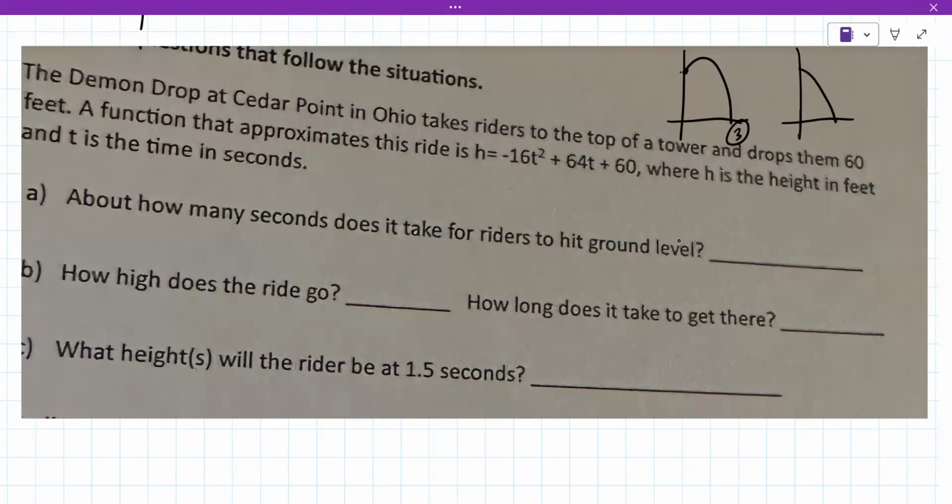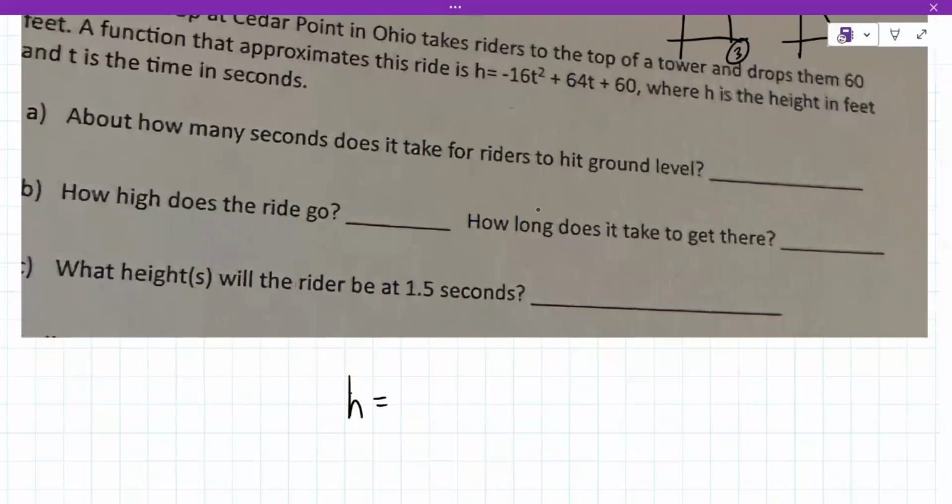At h equals 0, you're setting the function equal to 0. This time it doesn't tell you to solve by any method, so you get to choose the method. I don't know if this works out nicely though. You can always use the quadratic formula.